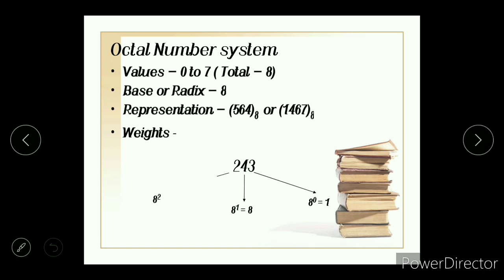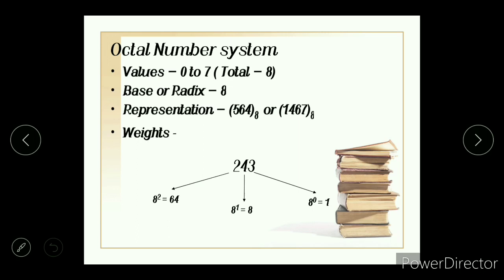Next number will be 8 raised to 2, which is equal to 64, correct. If I have one more number, then 8 cube. Next number will be 8 raised to 4, in this way. Okay. So every digit in octal number system has a weight with its base, that is 8 raised to 0, raised to 1, raised to 2, and in this way.